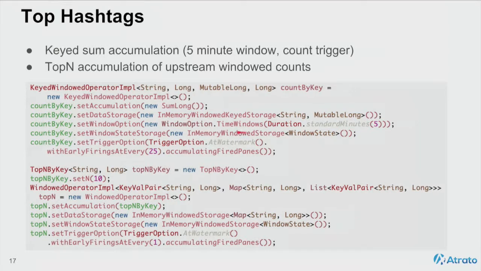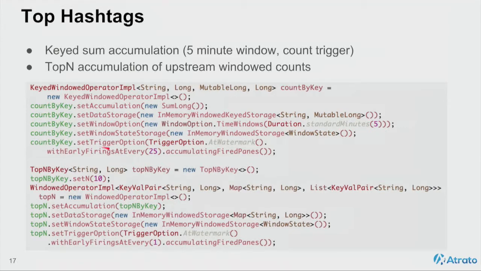And it's using the in-memory storage. There's also another storage option that is HDFS-backed storage. This is called managed state. That allows you to really keep a large amount of data with overflow and efficient asynchronous writing, a write buffer and a read cache.